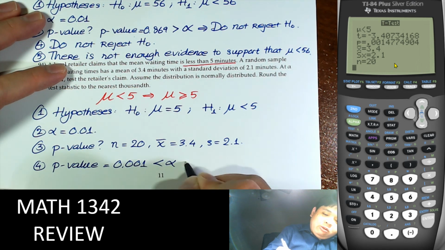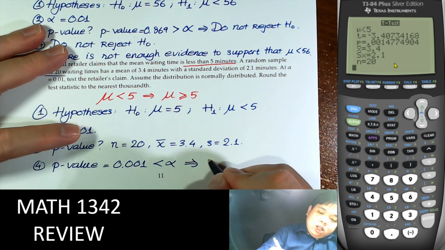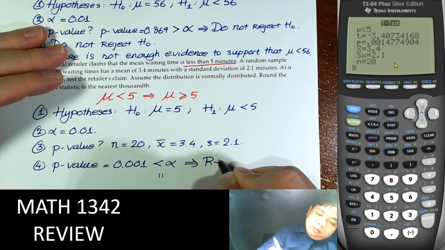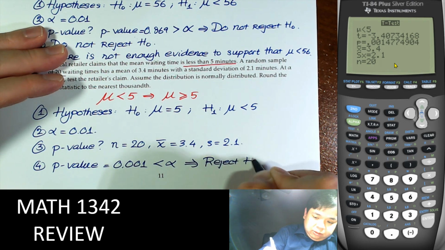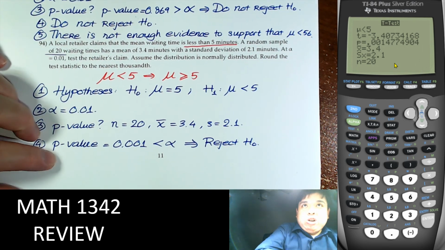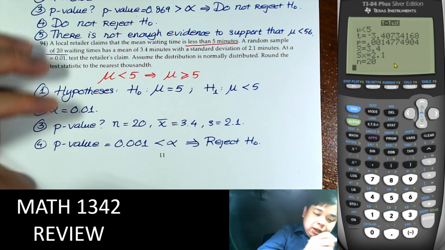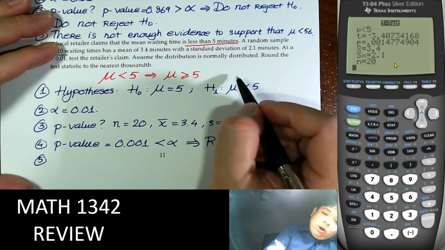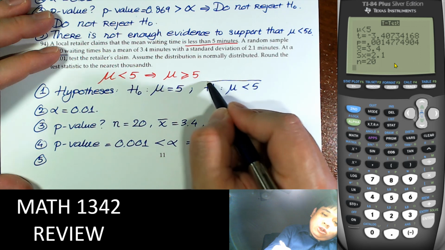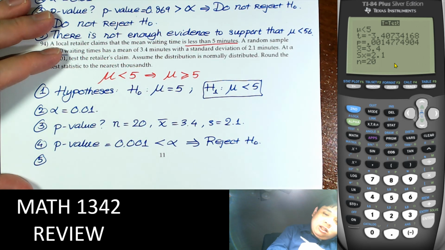Which is less than alpha. So when p is low, H0 must go. We reject the null hypothesis. That means there is enough evidence to support the alternative hypothesis.